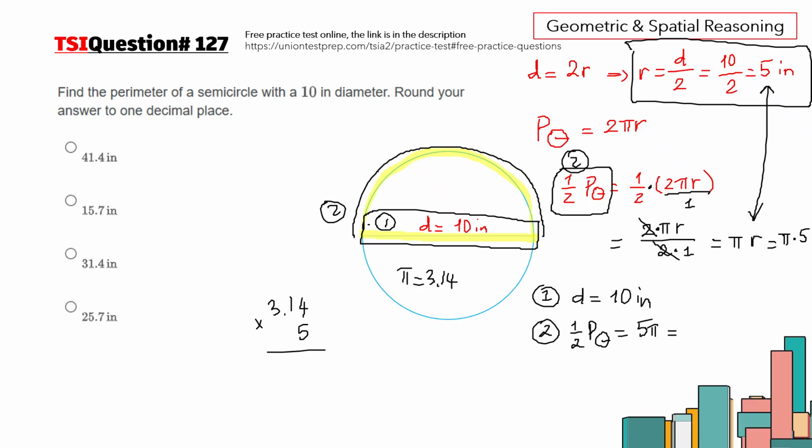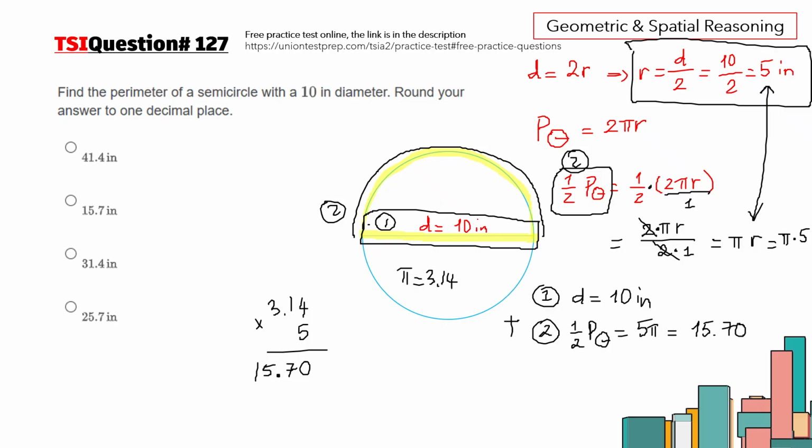Now we do the multiplication. 5 times 4 is 20, remember 2. 5 times 1 is 5, plus 2 is 7. 5 times 3 is 15, and then we have 2 decimals, so this is about 15.70.